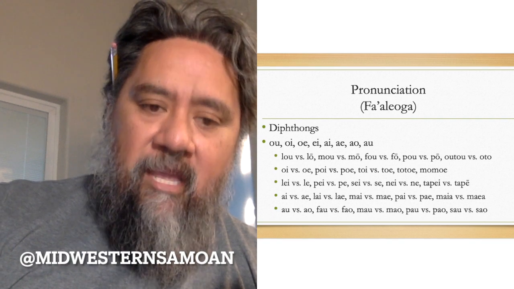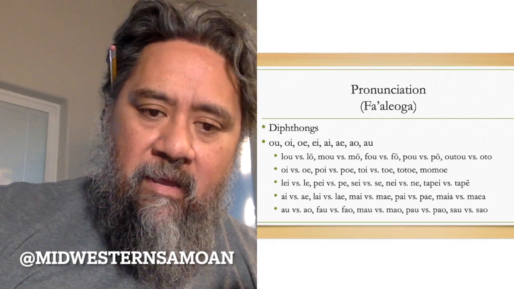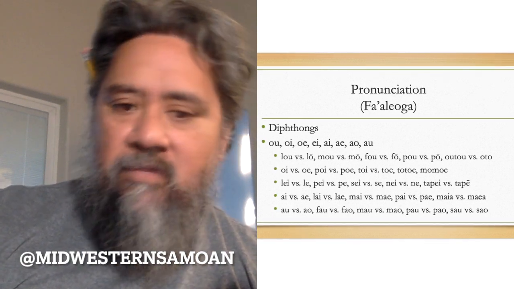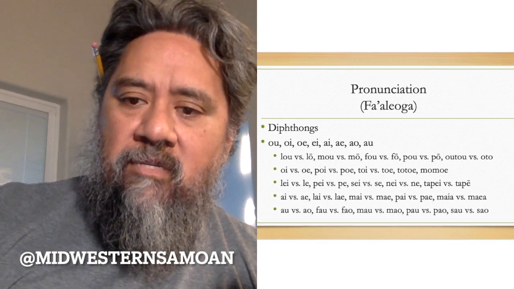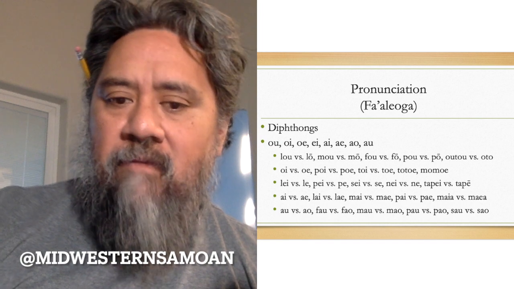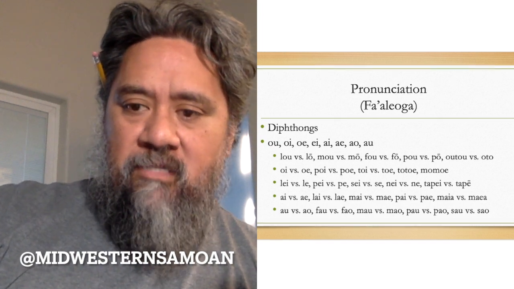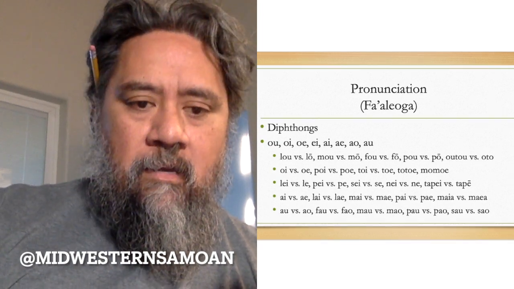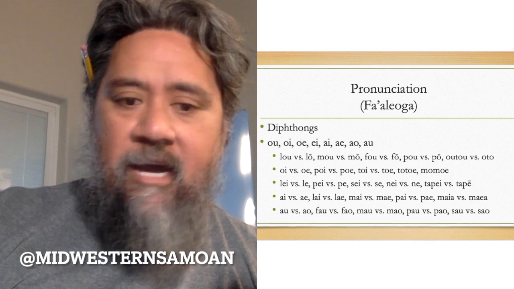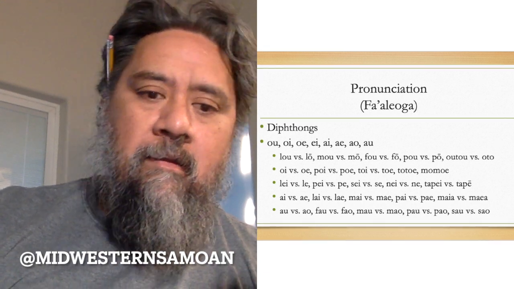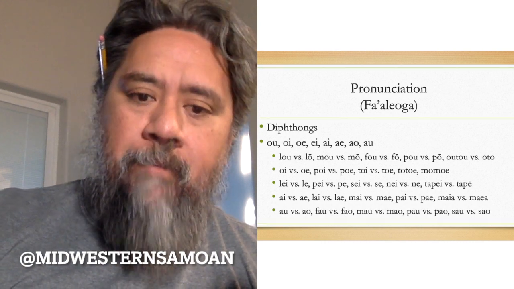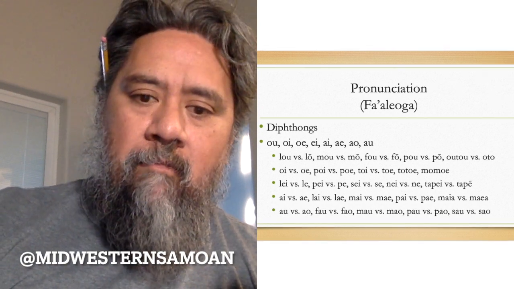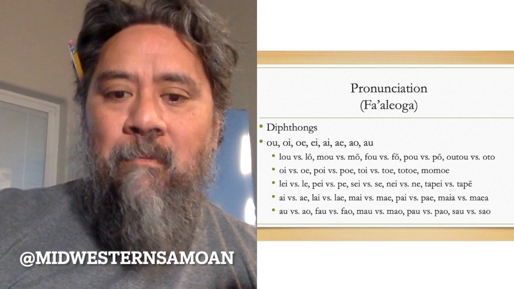And then you have le versus le. So you have pe, se versus se, ne versus ne, and tape versus tape, right? And then you have AI versus AE. So you have lai versus lai, mai versus mai, pai versus pai, and maya versus maya.